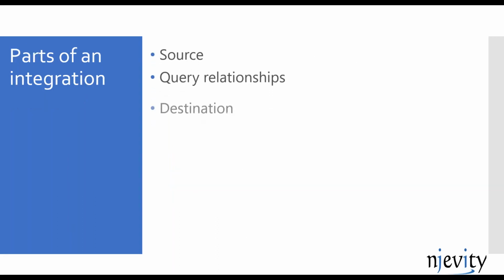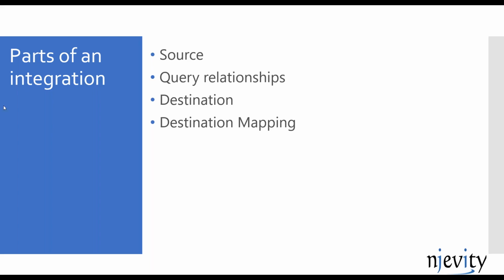All right, so parts of an integration: there is a source, and you can have more than one source. Usually you're going to have a header and a detail, and then you define the relationships between those two sources. Then you have a destination, and that's where you want that source to go inside of GP. So your source file might be a text file, and you want that text file to go into the destination of the AP transaction entry window.